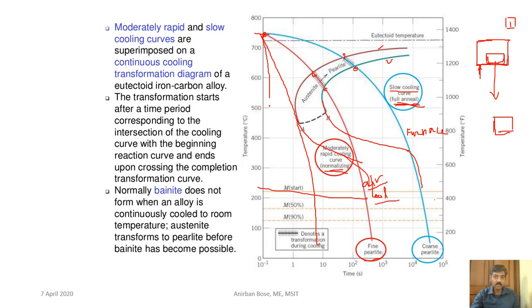Maybe bainite transformation is possible by this kind of isothermal thing, but by continuous cooling you cannot get bainite out of plain carbon steel. Very much you can get bainite from the alloy steel, because in that case the bainitic transformation curve and the pearlitic transformation curves are different. So in that case, by continuous cooling also you can get bainite, but in plain carbon steel you do not get it. Clear?